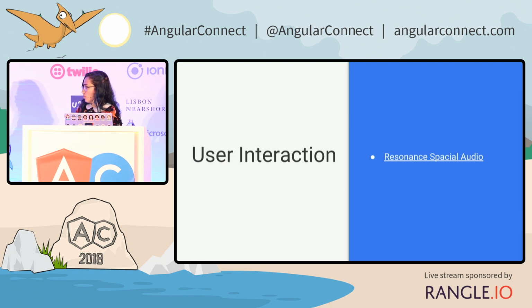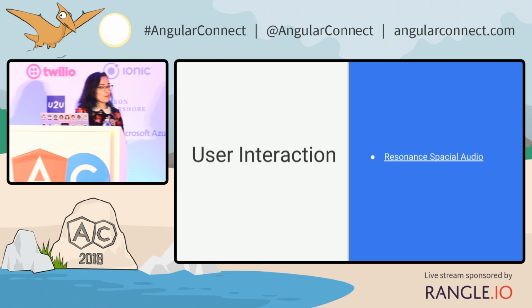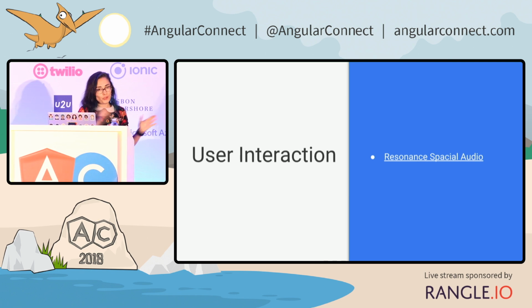And there are other cool things that you could do when it comes to interactivity, by using voice. A great library is Resonance Spatial Audio. That allows you to create audio that sounds very different and that comes from different places. For example, you can attach some kind of noise to a dinosaur, and put it on different places.